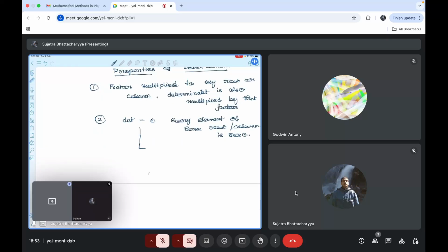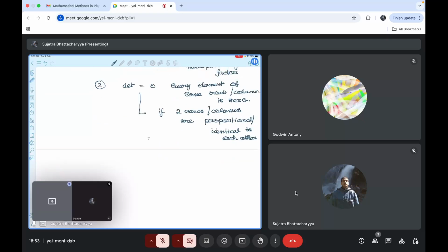Also, this is possible if two rows or columns are proportional or identical to each other. This gives the idea of linear dependence.